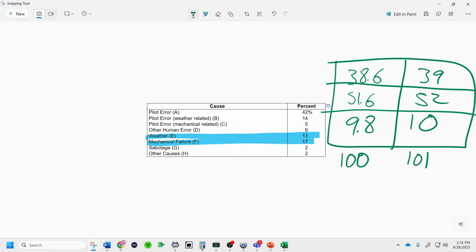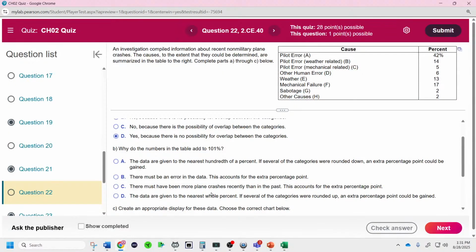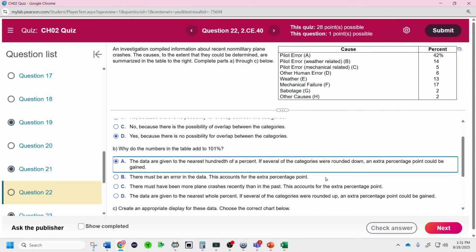This can just happen with the way things round. When you round things, it's not carrying enough precision, we say in the data. You don't need to know the word precision, but precision is how many decimals you carry. So they weren't very precise on how they marked all the data. So it's probably just rounding errors, likely, or they messed up. An extra percent, I think that's going to be right there.